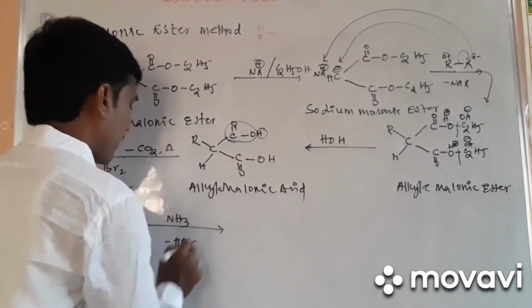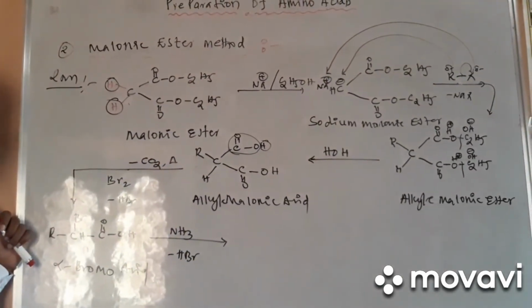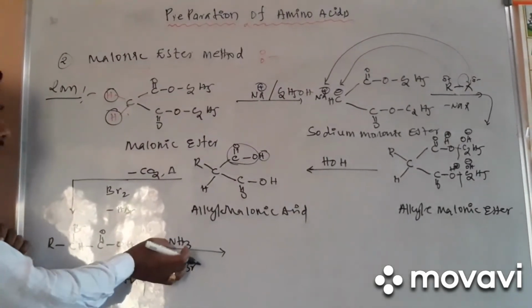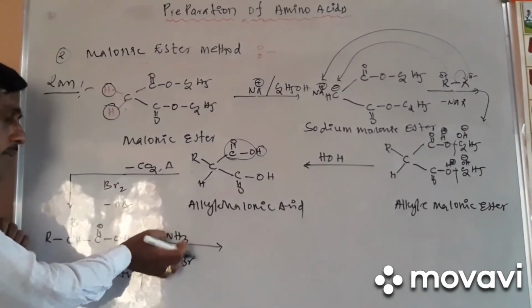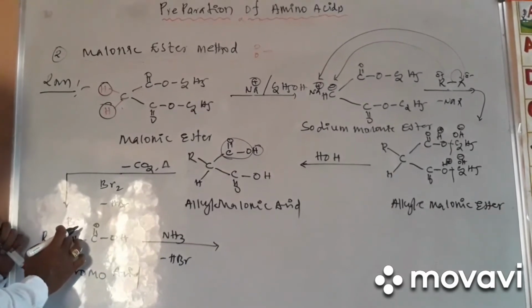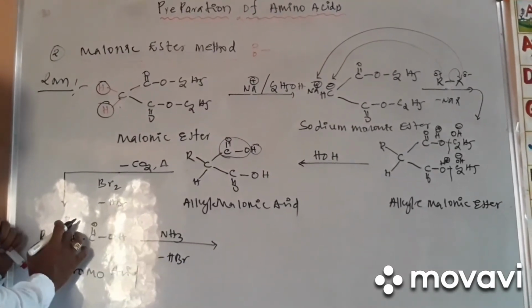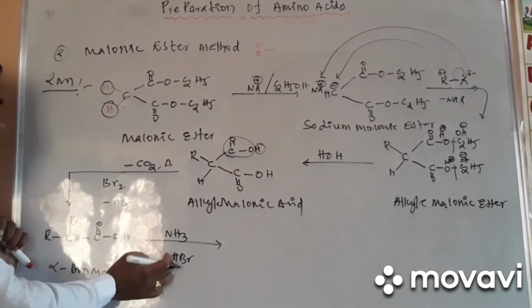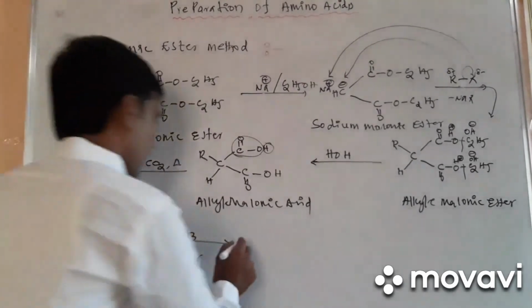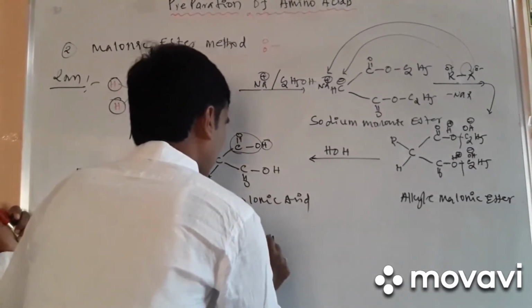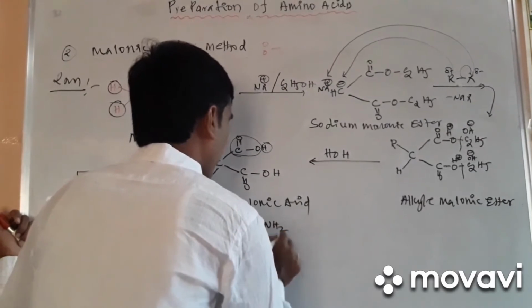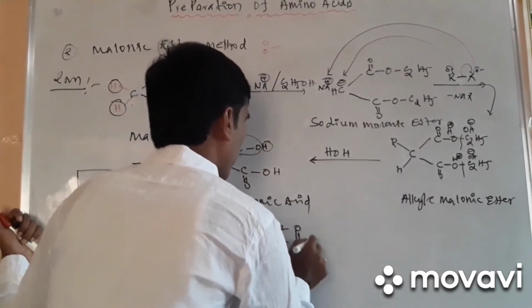There is elimination of HBr, hydrogen bromide. One NH2 group attaches to this position, with elimination of the bromine atom and a hydrogen atom, to produce RCH NH2 C double bond O OH.